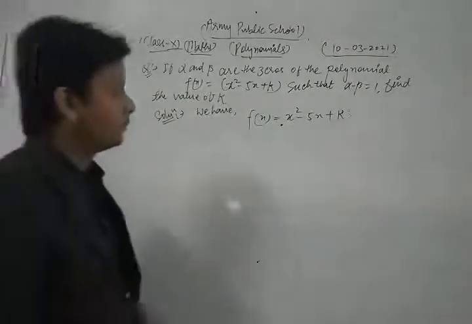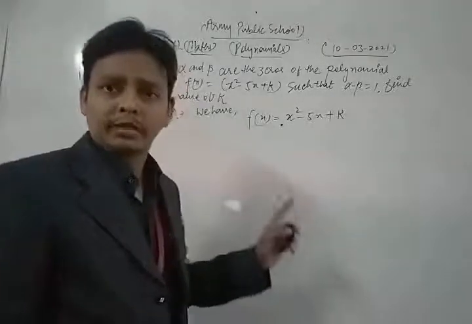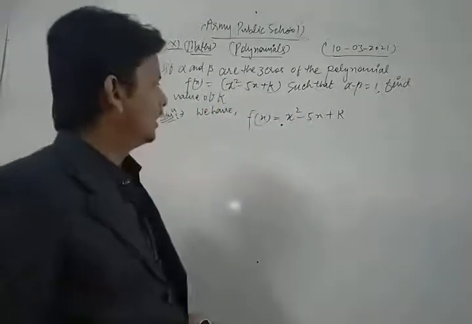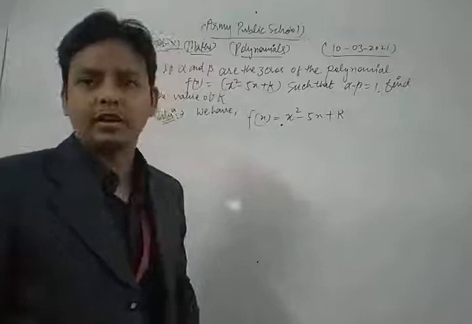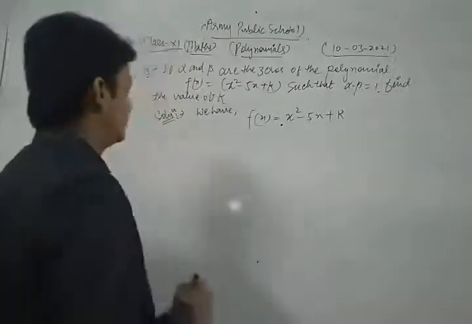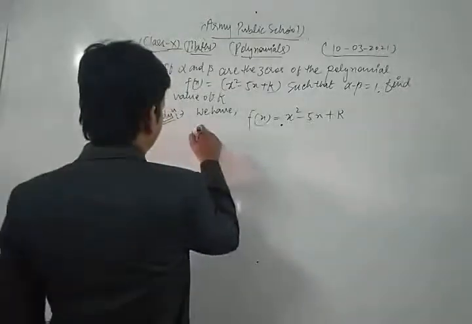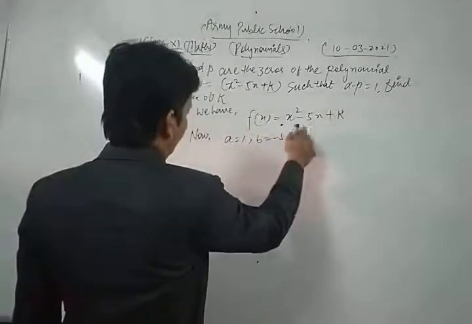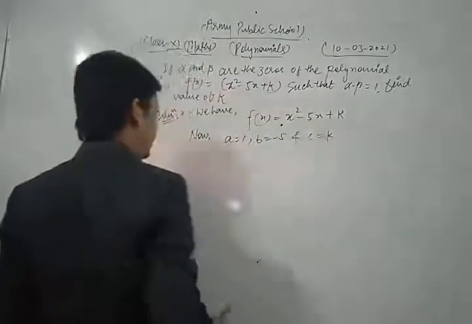Now from there, we first of all find the value of a, b and c. The value of a is 1, the value of b is what, minus 5, and the value of c is what, k.